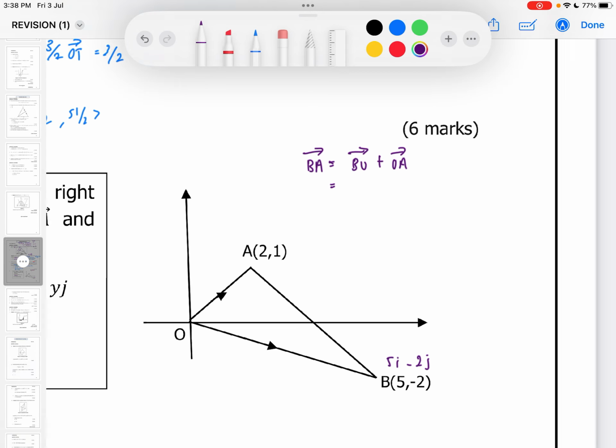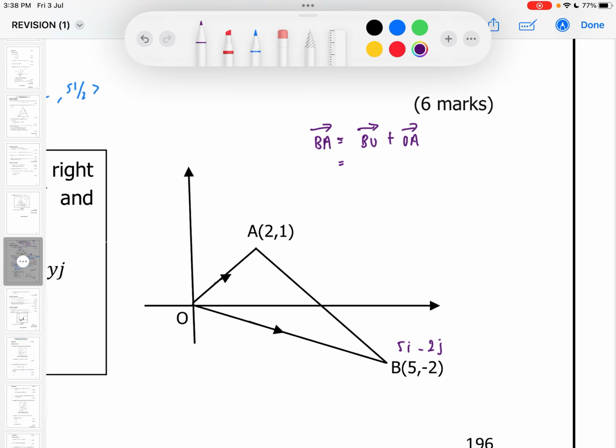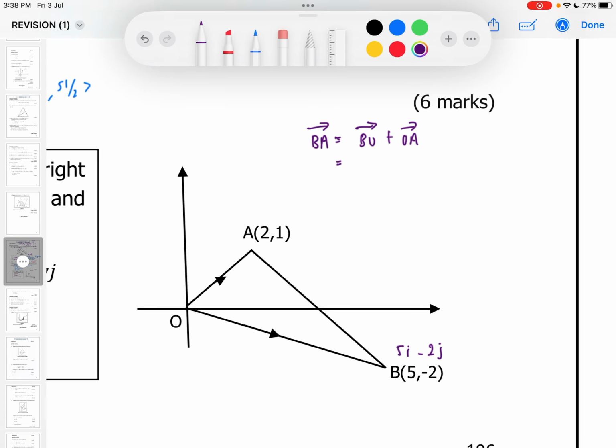So that is, okay, this is OB 5i minus 2j. So if it was BO, we're gonna negate the positive one, and then we're gonna positive the negative one. So, okay, and then OA would be 2i plus j.